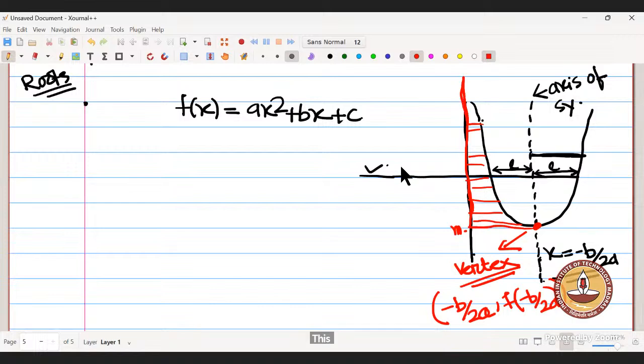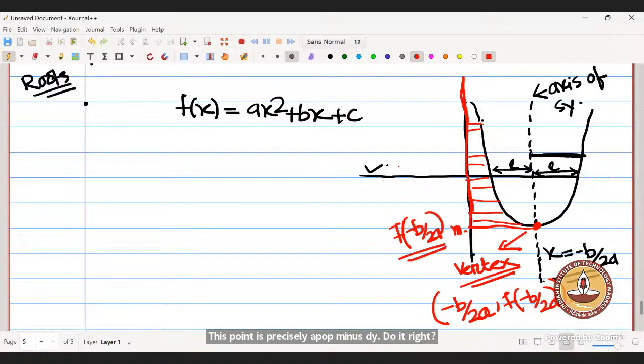And what is this point? This point is precisely f of minus b by 2a, right? So all the points which are above f of minus b by 2a are inside the range, right?